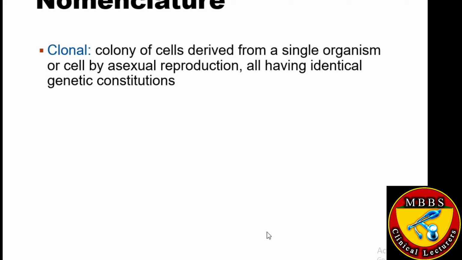The very important part of a clonal, of the colony of a cell, is that they do not simply resemble in architecture or morphology or appearance, they also resemble in their genetic makeup.